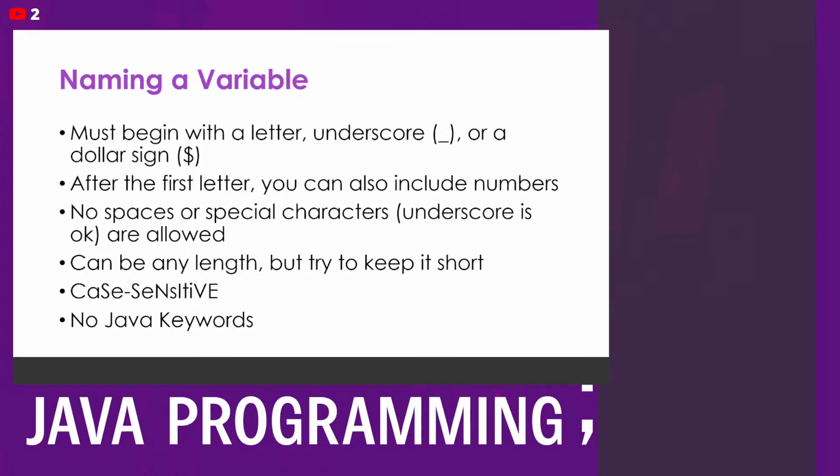And so that's basically all there is to it. So we want to make sure that we're starting with a letter, an underscore, or a dollar sign. Now, at any other point after the first letter, you can put numbers in there if you want. It's A-OK.